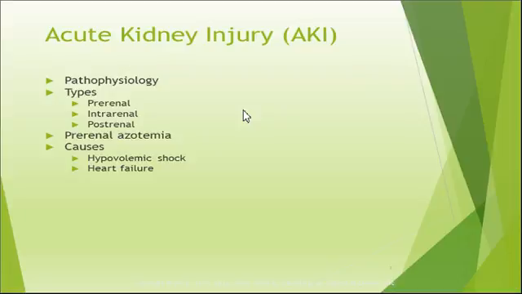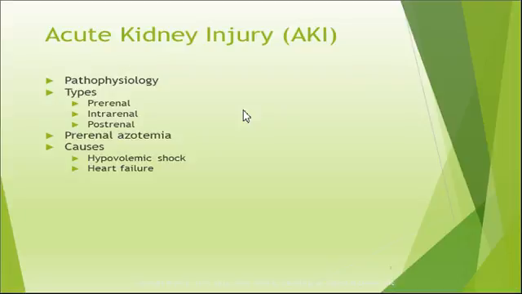AKI doesn't only affect your kidney function, but it can also cause systemic effects and complications. There's a wonderful set of 4 tables on page 1412 you really need to look over, but just a few complications from acute kidney injury are hyperkalemia, hyponatremia.